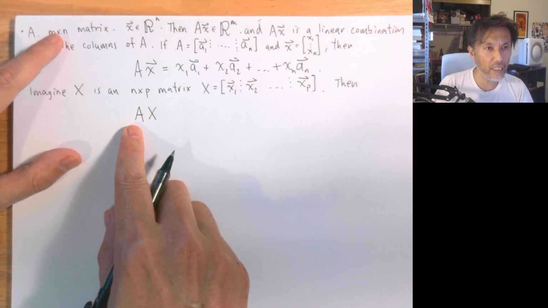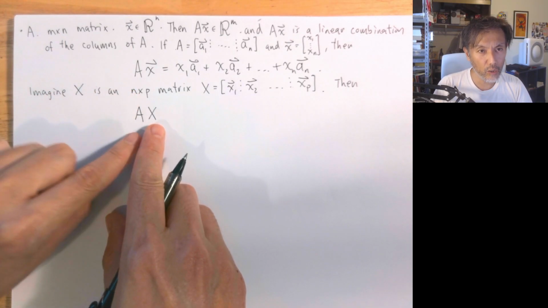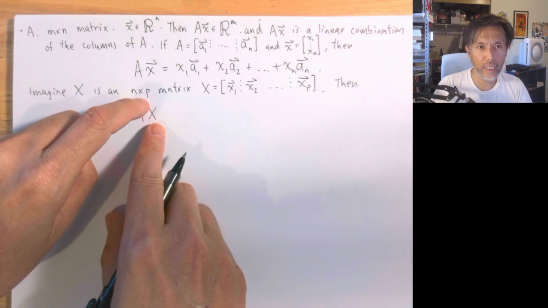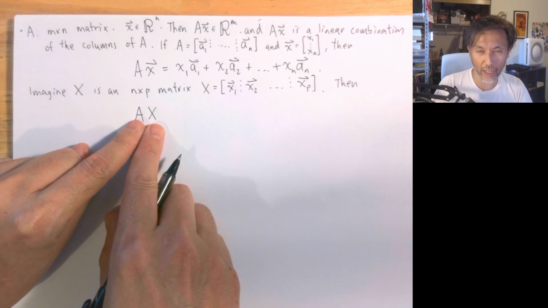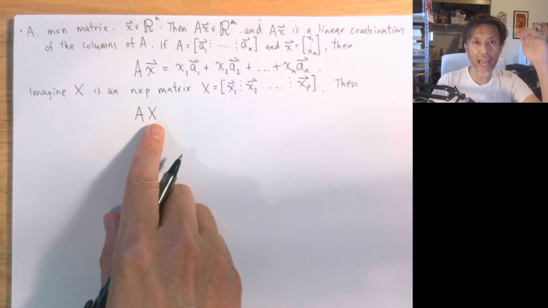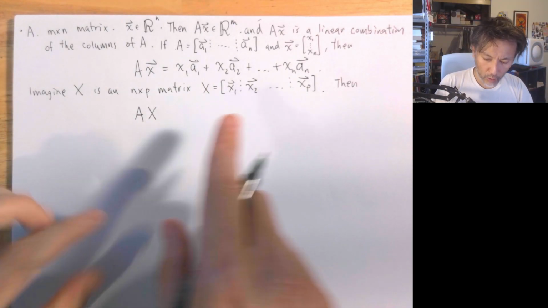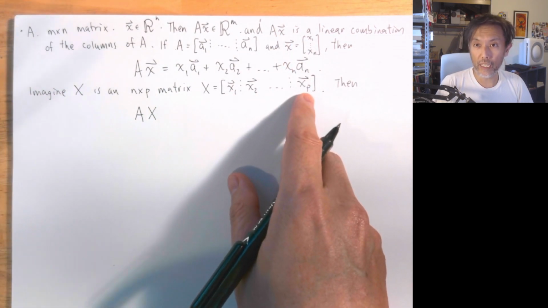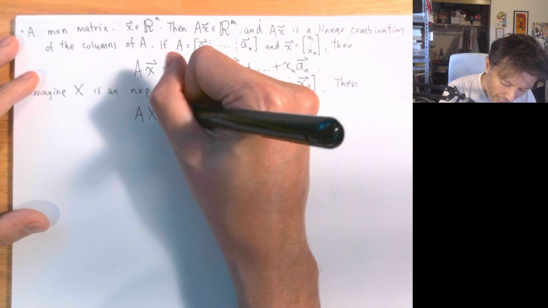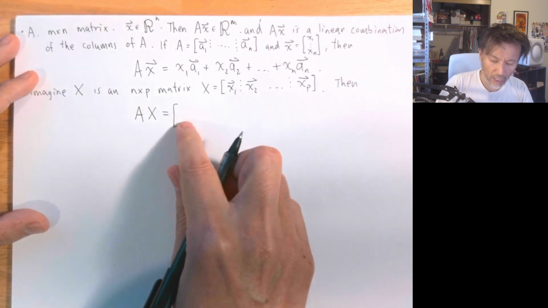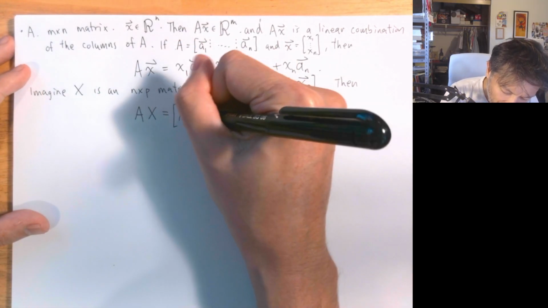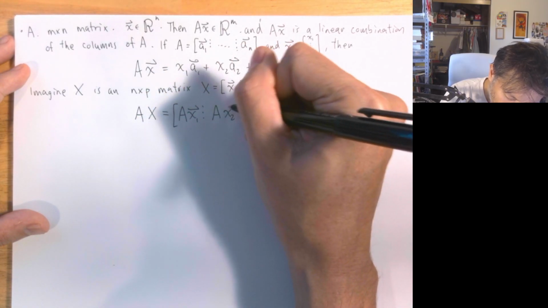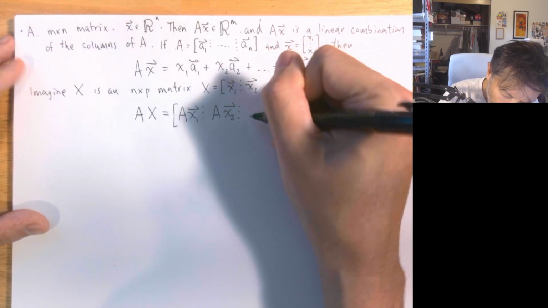A is m by n, X is n by p, so the product is m by p. And so the columns of AX are elements of R^m. And we know that if we take A and hit it with one of these xi's, we get an element of R^m. In fact, AX is equal to a matrix whose first column is A times x1, whose second column is A times x2, etc. And I think there are p columns total.